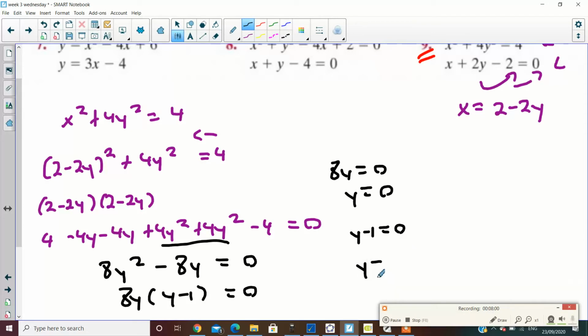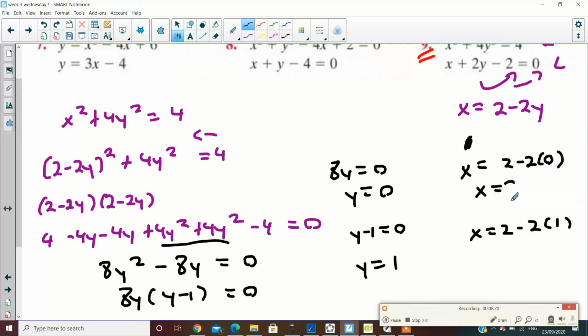So who got 1 and 0? So somebody, one or two has made the same mistake I did. So x equals 2 minus 2 times blank. We're going to need it twice. 2 minus 2 times 0 is just 2.